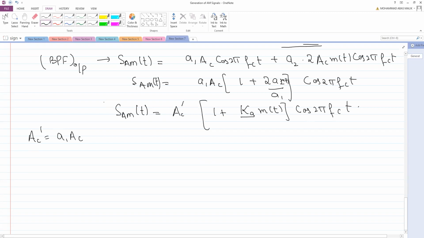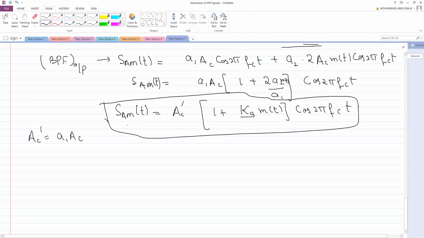And this is nothing but your amplitude modulated signal, right? Have you seen this? Yeah. So Ac bar is equal to this, and Ka is equal to 2 A2 divided by A1, which is the amplitude sensitivity that we have already studied.